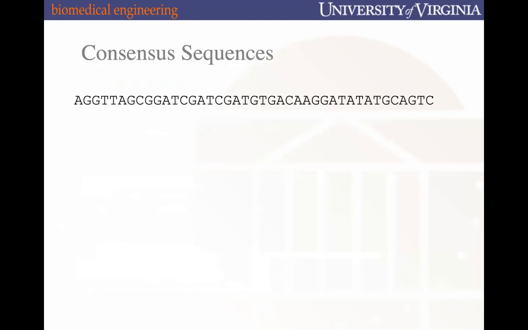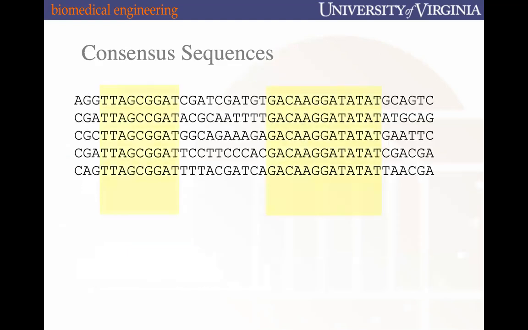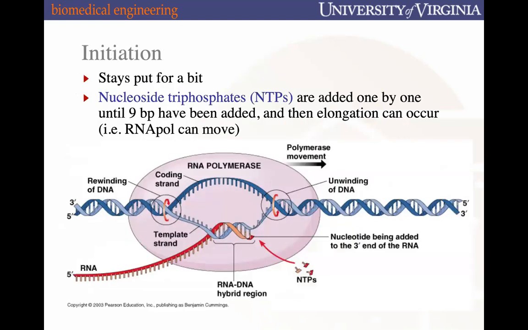When looking at the promoter regions of different organisms, one of the key sequences to note is a TATA region within the promoter. We call it the TATA box. We'll talk about how that contributes to initiation of transcription in a moment.